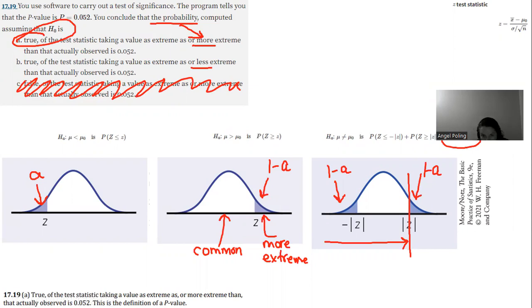This is the definition of the p-value. So we're looking for true and the test statistic taking on a value as extreme or more extreme than the actual observed value. The p-value tells us the probability of that is 0.052.